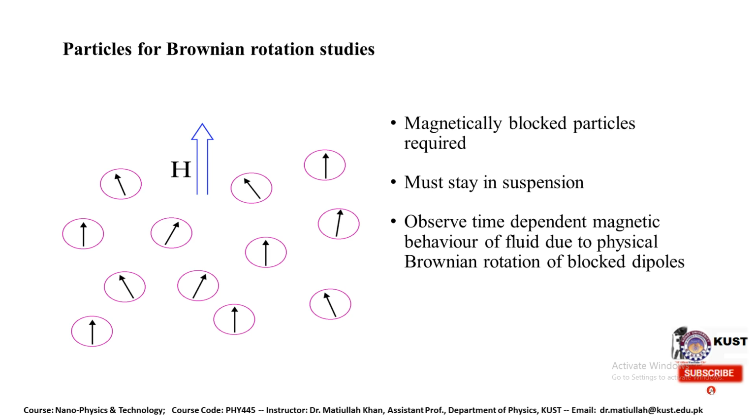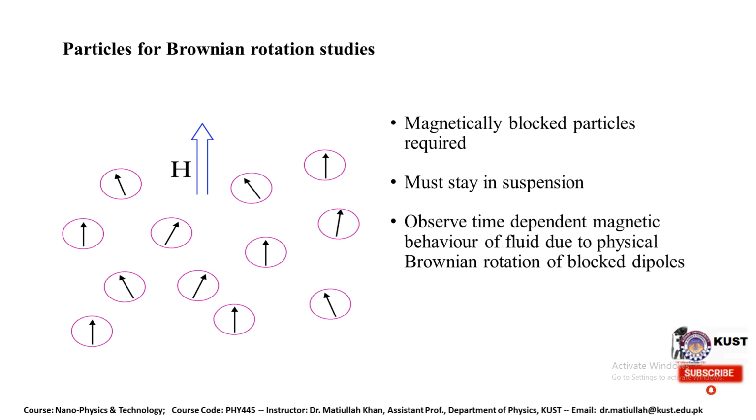This dipole was randomly present, and when some external field was applied, a force acted on it, and the effect of this force was to align the electric dipole in the direction of the external electric field.